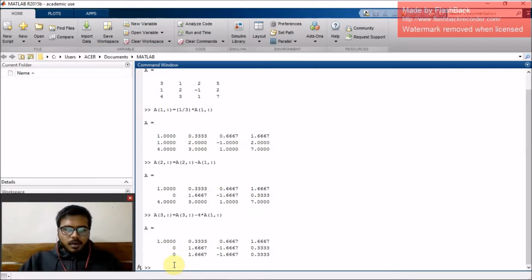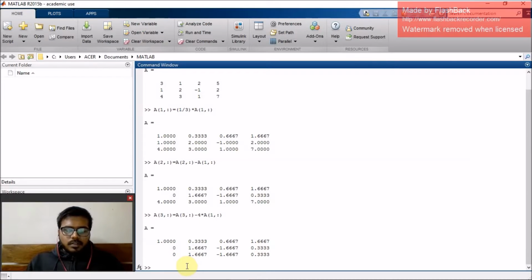Now for the next part, I need to make this into 1. What this is, is 5 by 3. So to make 5 by 3 equal to 1, I'll multiply the whole second row by 3 by 5.